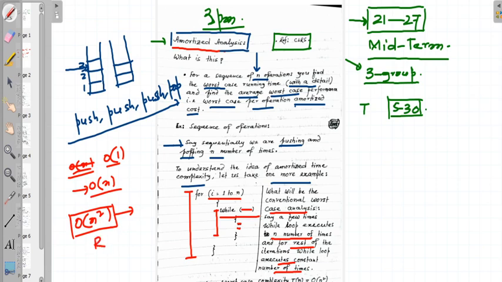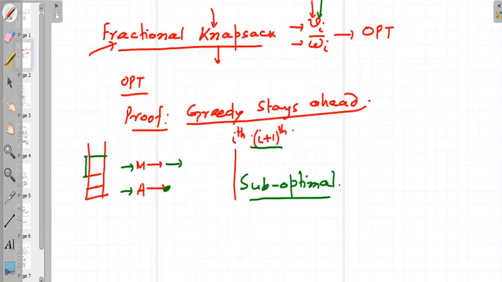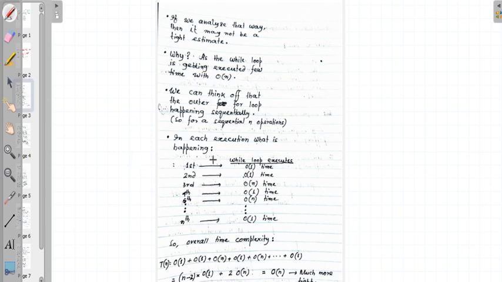Okay. So this may be right, but may not be tight. So that is the case. So let us take a detailed view of this. If we analyze that way, it may not be a tight estimate.